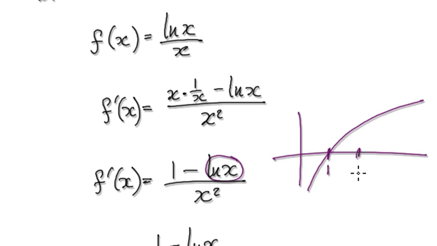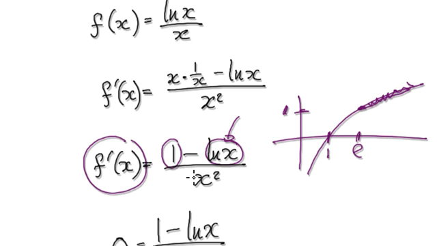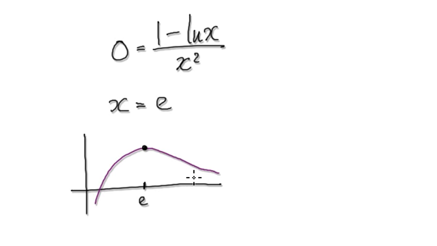Log e will be 1. So beyond e, this thing here will be bigger than 1. So anything beyond here, the f prime will be negative. So looking back at this, beyond e, the gradient will always be going downhill.